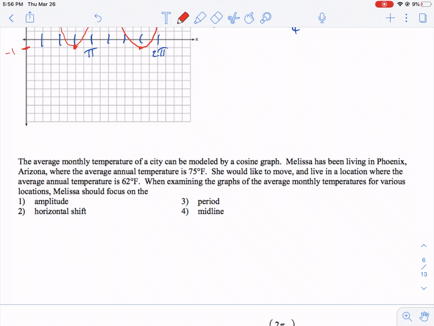Alright, so the average is kind of like the middle. And if we talk about trig graphs, the middle of a trig graph would be the midline, which is halfway between highest and lowest. So on this one, if she's examining average temperature, she wants the middle temperature, she wants to look at the midline.